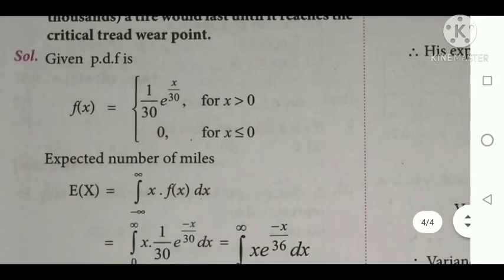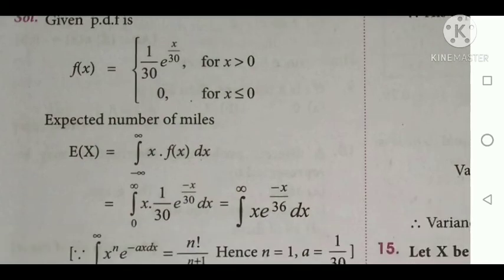Therefore, the expected value of number of miles is E of x equal to the integration from minus infinity to plus infinity of x into f of x dx. So multiply the function by x, that is x into 1 by 30 e power minus x by 30 dx, which equals 1 by 30 times x into e power minus x by 30 dx.